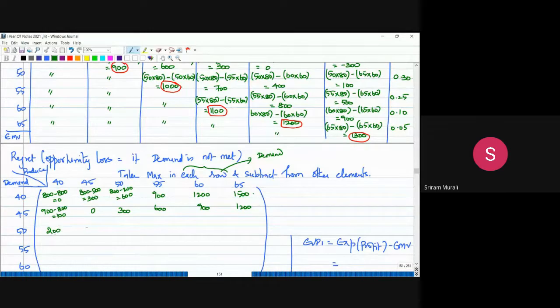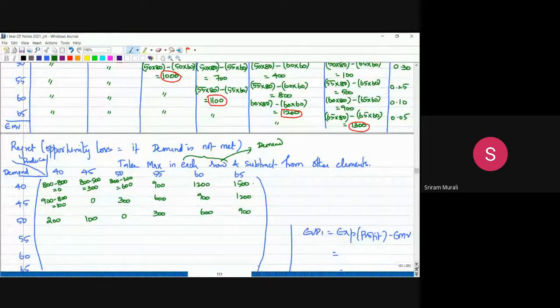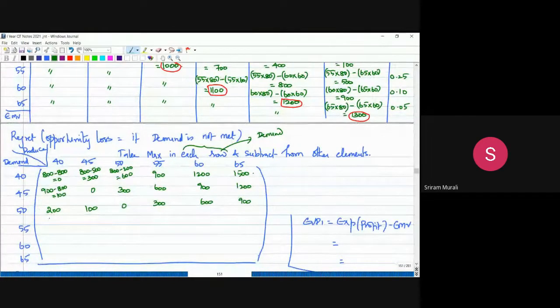This will be 100. This is 0. This is 300. It is 600. It is 900. And then what is the next one? 1100. Therefore, this will be 300, 200, 100, 0, 300, 200.